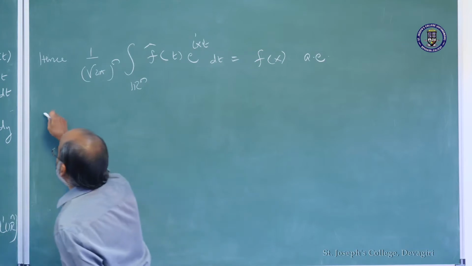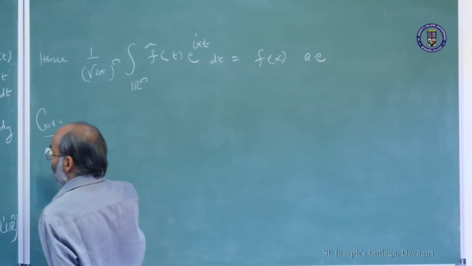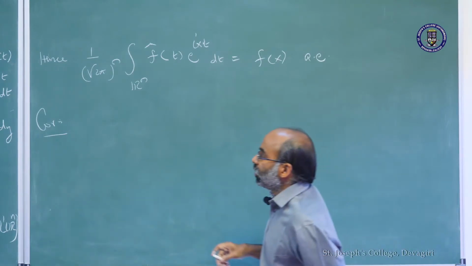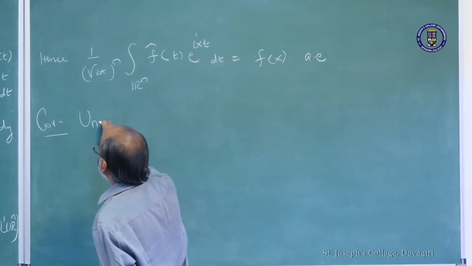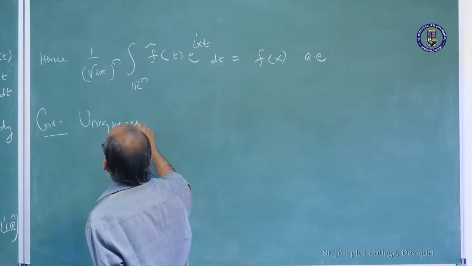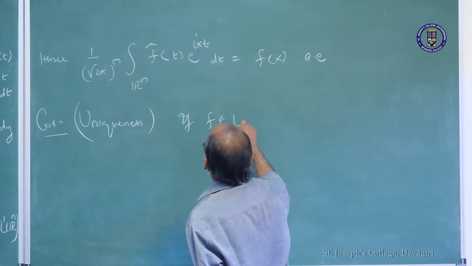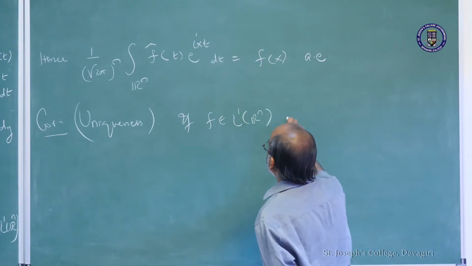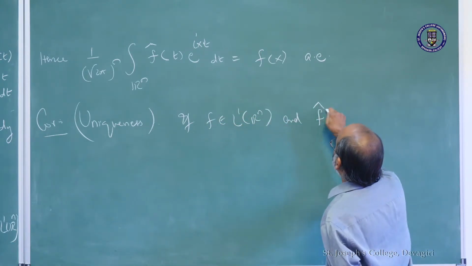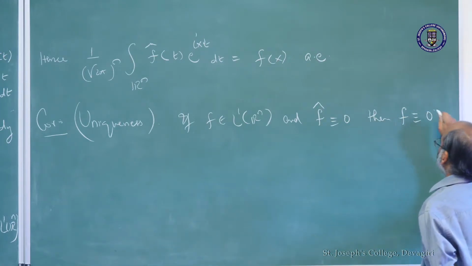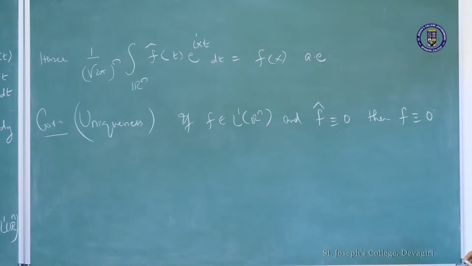So let us say corollaries, there are interesting corollaries. First is the uniqueness of the Fourier transform. Uniqueness: if f is in L1 of Rn and f hat is identically 0, then f is identically 0.